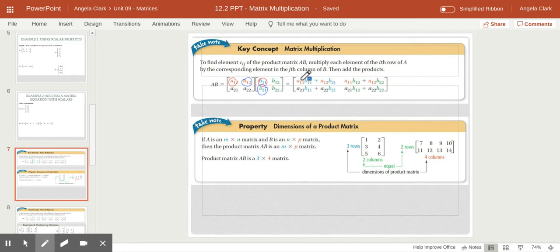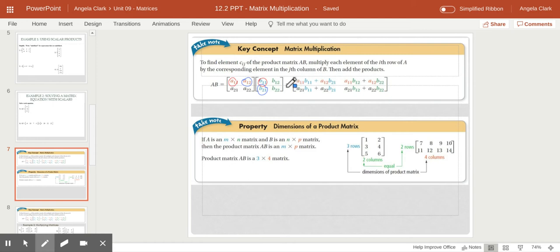So first element of the first row times the first element of the first column plus the second element of the first row times the second element of the first column.